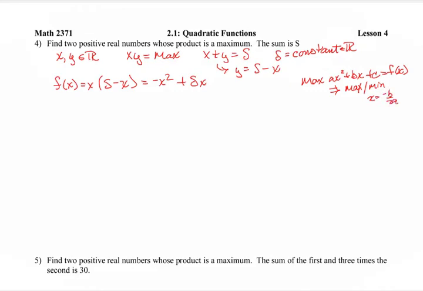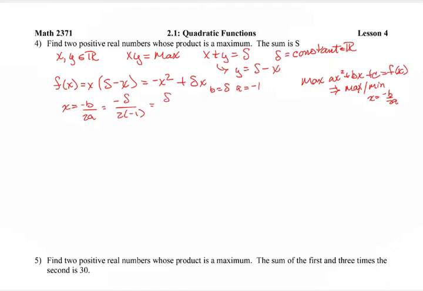So what we're going to do is find the point x equals negative b over 2a. In our case, b equals s and a equals negative 1. So that's negative s over 2 times negative 1.